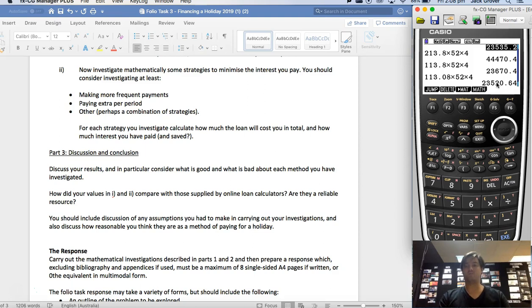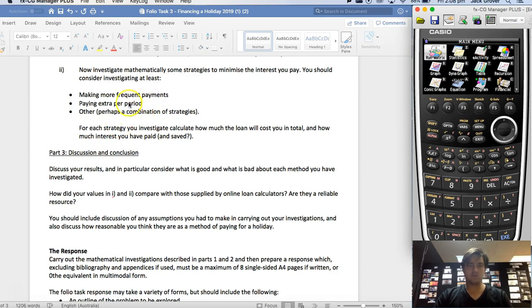We've paid weekly instead of fortnightly, and we've actually saved, not very much, $15 of interest over the course of that loan. So not a massive saving, but for something as simple as paying weekly instead of fortnightly, it's probably worthwhile doing. It's a good little interest saving strategy.